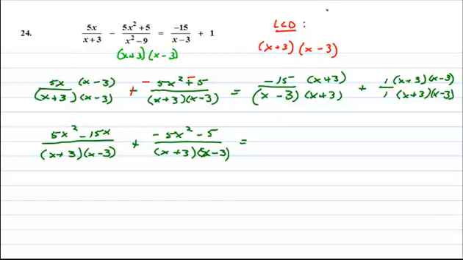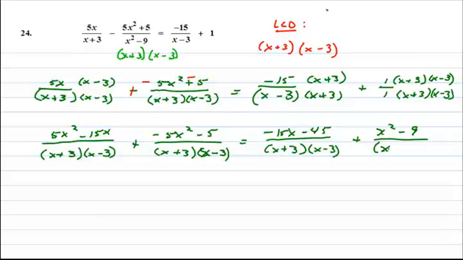Negative 15x minus 45 over the LCD. And in this last term, we don't want the numerator factored, so we're going to multiply that out, and we get x squared minus 9 over the LCD.